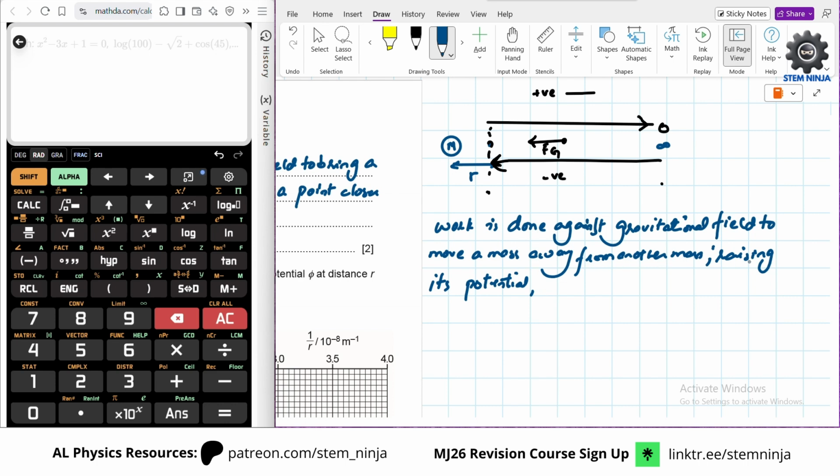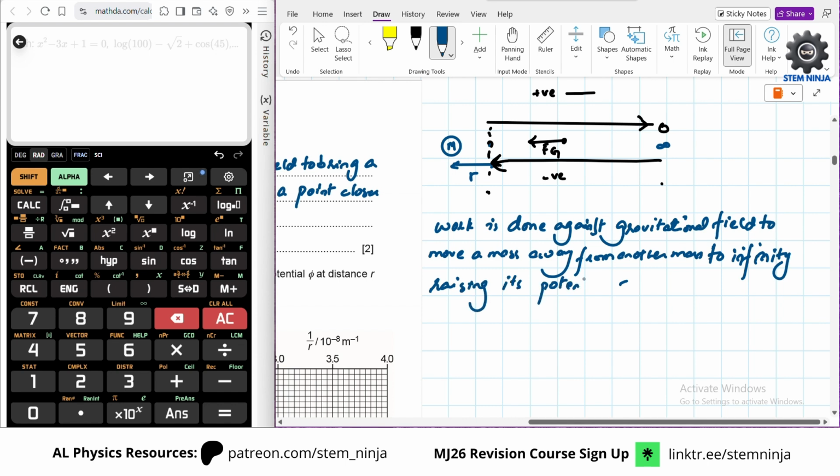Actually, we should rephrase that. Work is done against gravitational field to move a mass away from another mass to infinity, raising its potential to 0 at infinity.